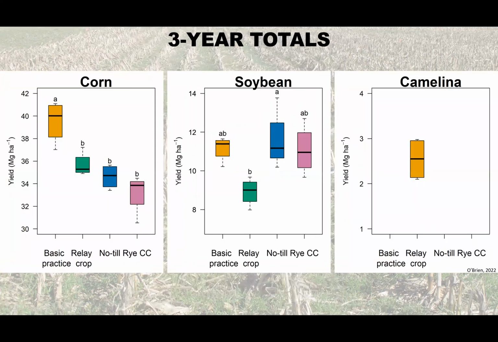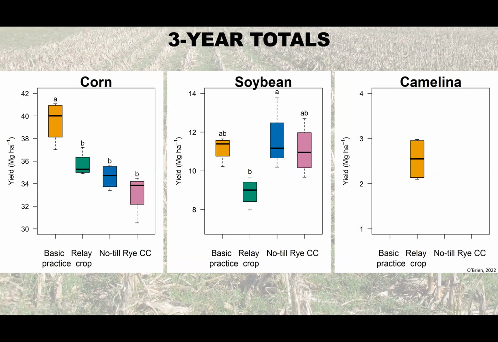3-year totals then, if you look at these, you can see that for corn, we still have a lot of work to do with our management to figure out how to grow corn, with the basic practice still the highest yielding practice. For soybean, not so much. You see the relay crop there is less, but soybean did well. So our other systems did well. Of course, we're not managing nitrogen in those systems, so you'd expect it to do well.